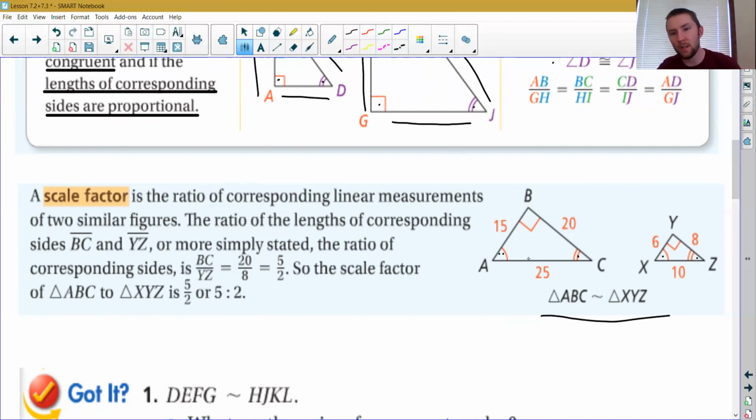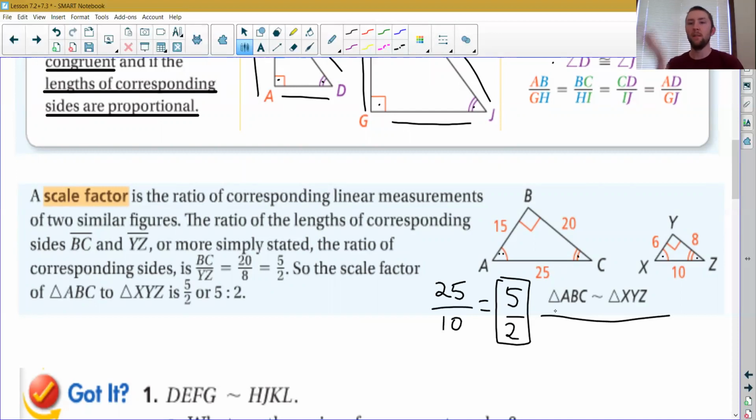So what I do is I'll just pick 25 and 10. I make a ratio with ABC as my first number on the top, and then XYZ is my second number on the bottom. That I can reduce down, dividing by 5. I get 5 over 2. So this is the scale factor for triangle ABC to triangle XYZ. From the first to the second, 5 to 2. Okay, 5 over 2. So that's called a scale factor. And you can find it anytime you have similar shapes. All right.